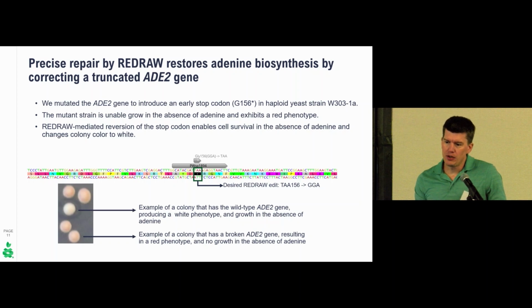It's the ADE2 gene, and we replaced a glycine codon with a stop codon, which creates the strain that is unable to grow unless it has adenine supplementation, and redraw correction of that stop codon back to the glycine residue will enable the yeast to grow in the dropout media.